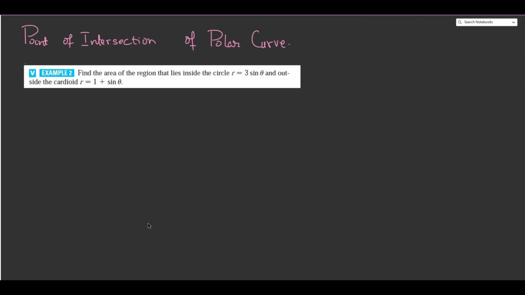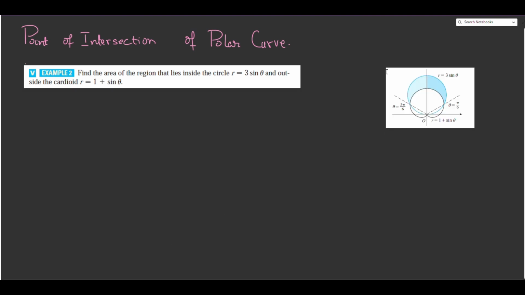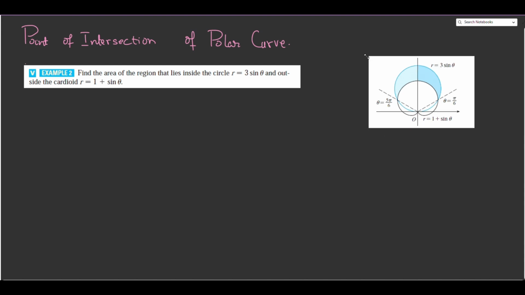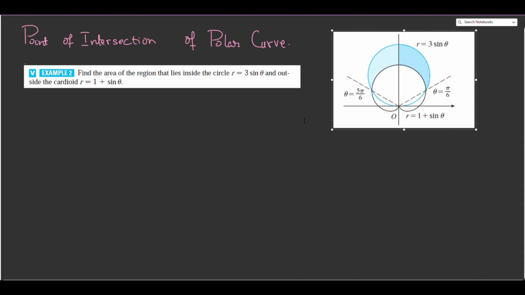I will draw the figure one more time so that you can understand. If you look at this figure, these two curves intersect at theta equals pi by 6 and theta equals 5 pi by 6.